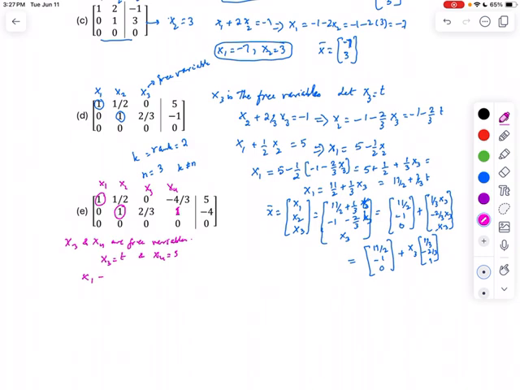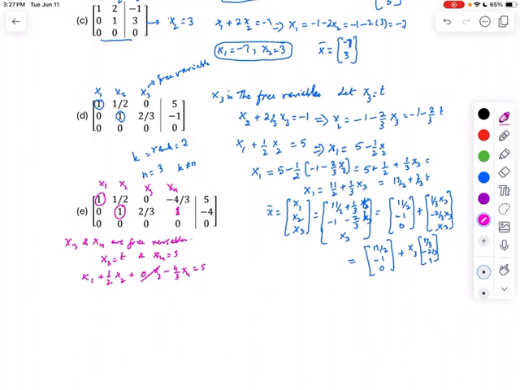So from the first equation, we get x1 plus 1/2 x2 plus 0 times x3 minus 4 over 3 x4 equals 5.